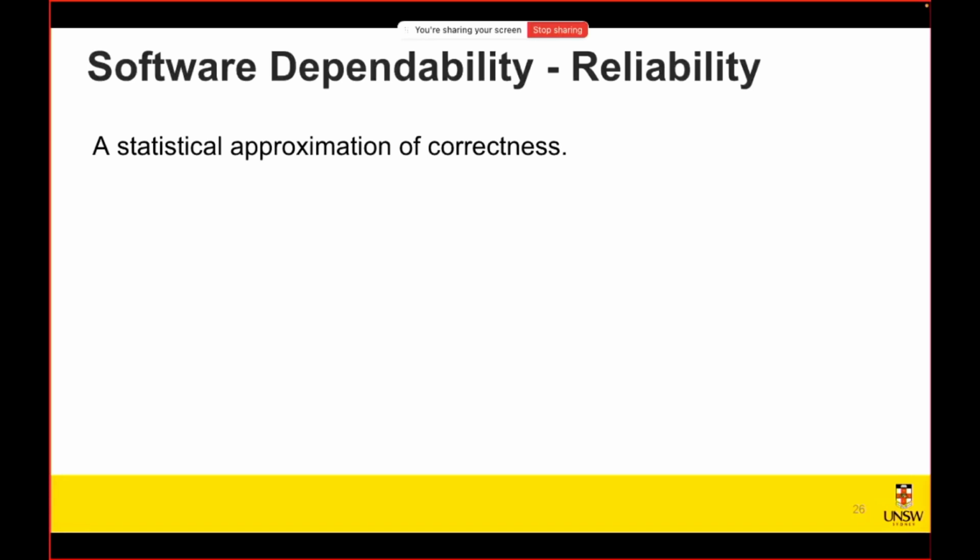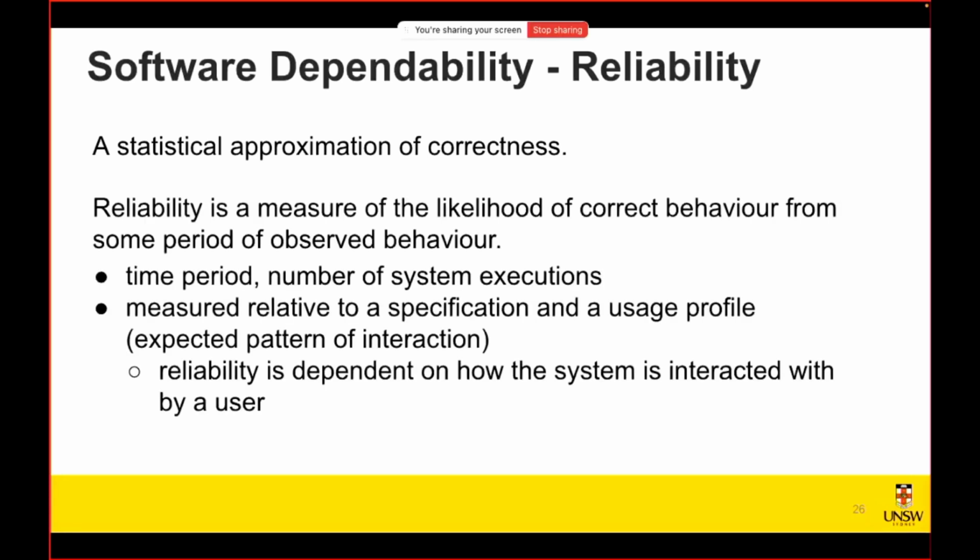What we do is observe the execution of the software for a period of time and see whether during that period the software can work correctly without any errors. And that is called reliability.